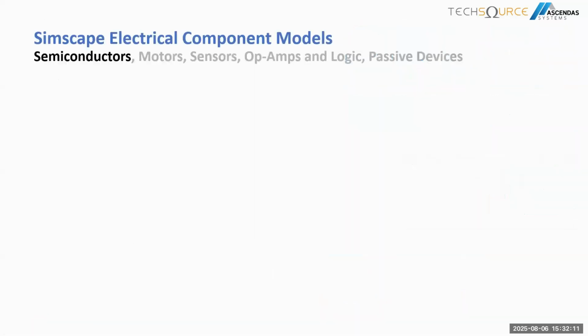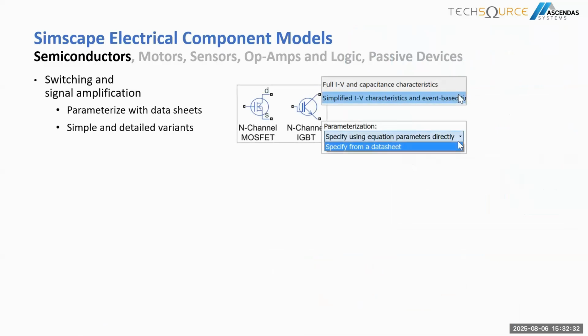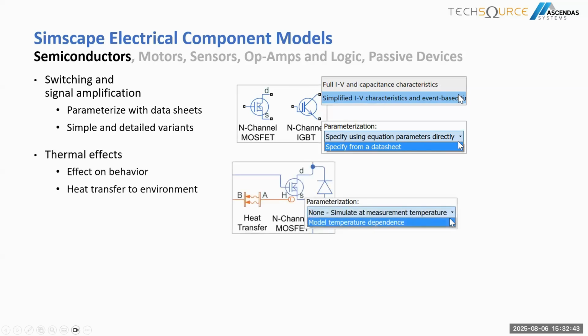Particularly for Simscape Electrical, here are some of the components you can use for your development of power electronics. Usually with power electronics and power conversion systems, we definitely need semiconductors, which are used for switching, for example, or signal amplification. So we use the common MOSFET, IGBT, or SiC behaviors.